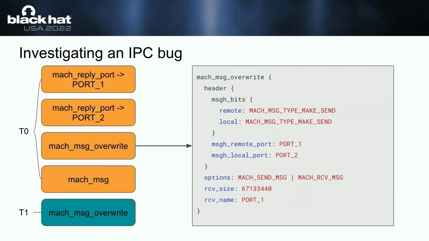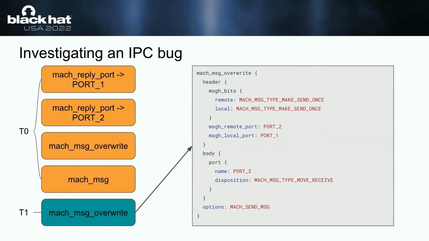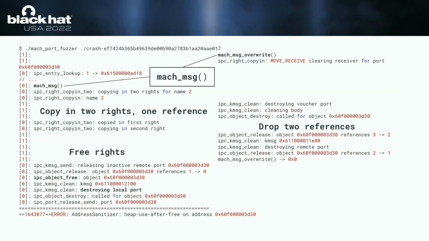But in any case, we do a move receive. So in this message, we're sending to port 2 from port 1, and we're moving our right to receive messages on port 2. I don't know, it's confusing, but that's the point, right? So it found a way to order these last 2 mock messages.